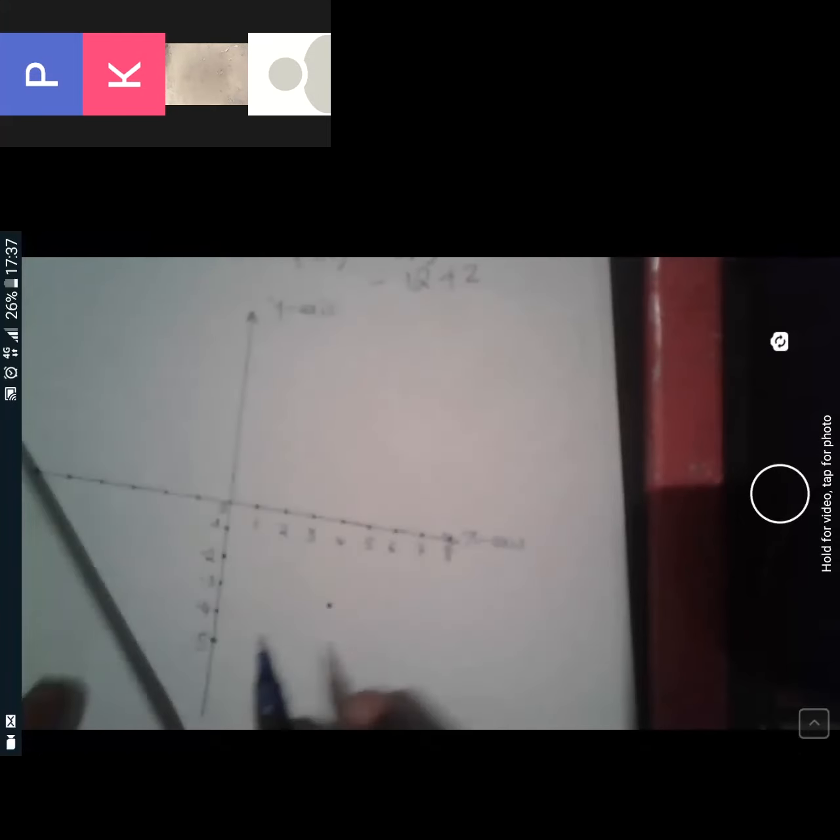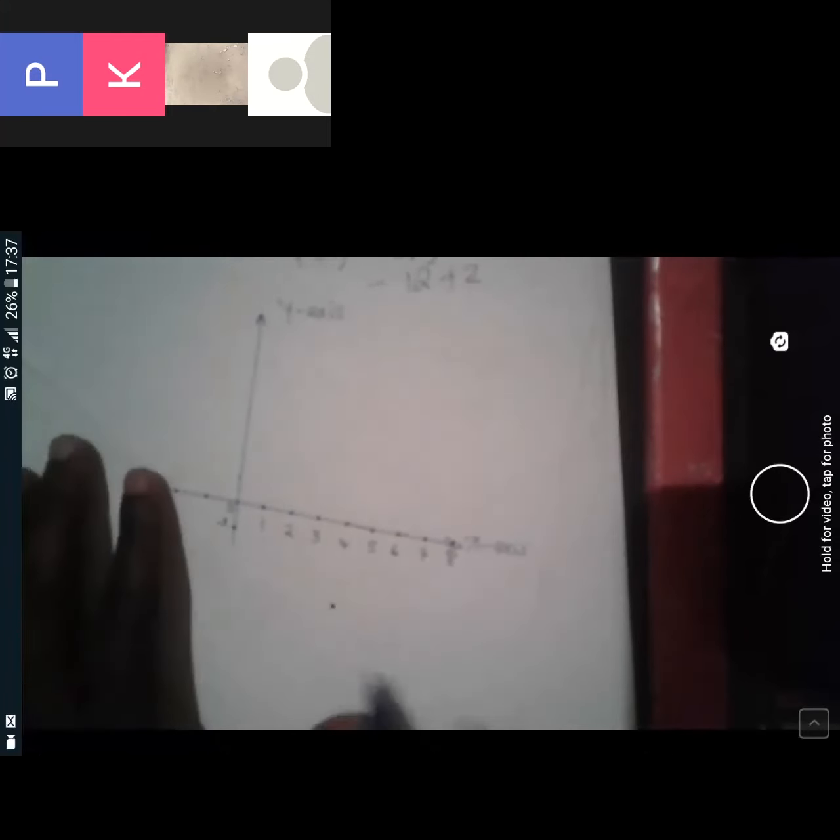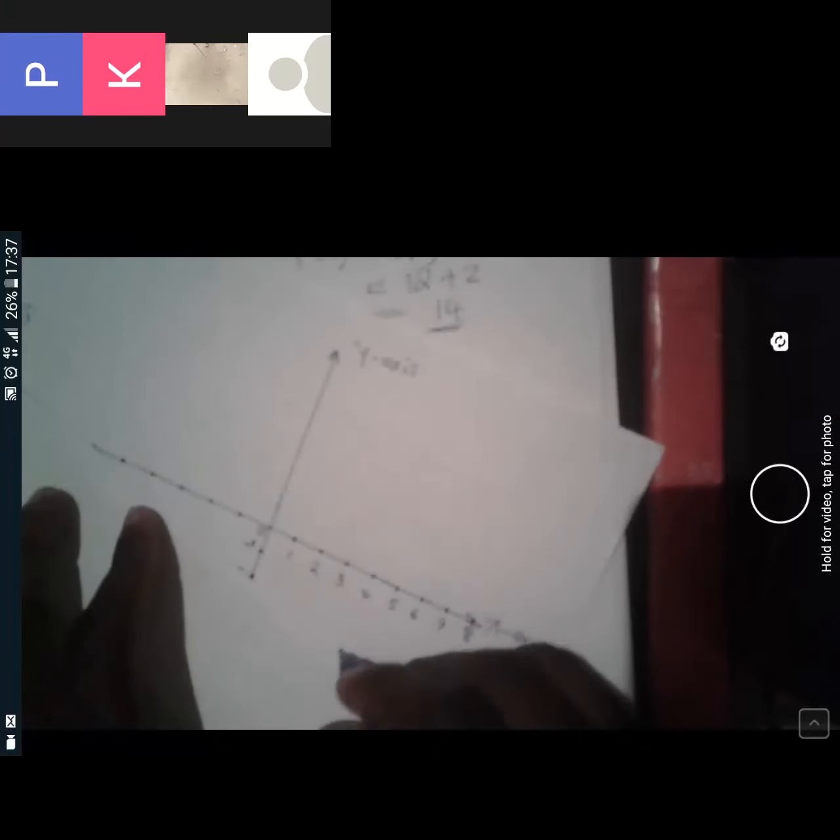As a matter of fact, when plotting the graph of a linear function, 2 points are enough. If you are accurate, you join these 2 points like this. I don't have a ruler, so like that.